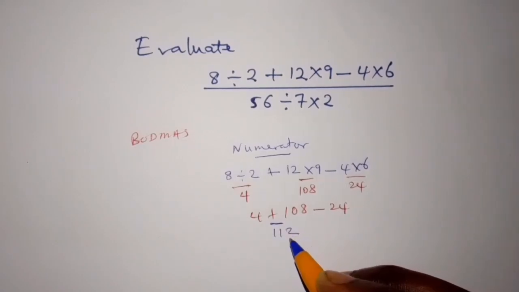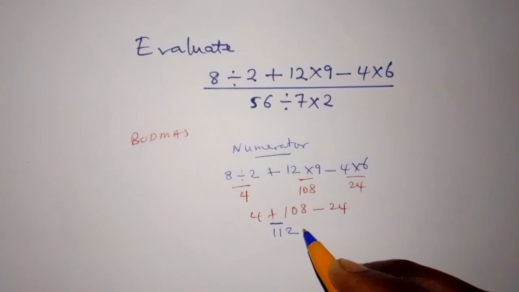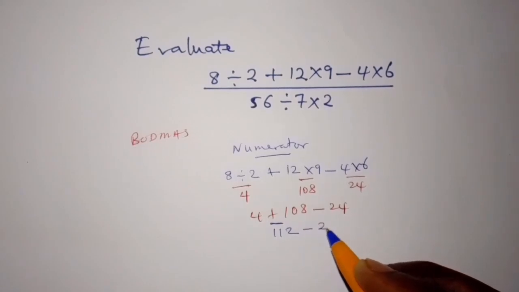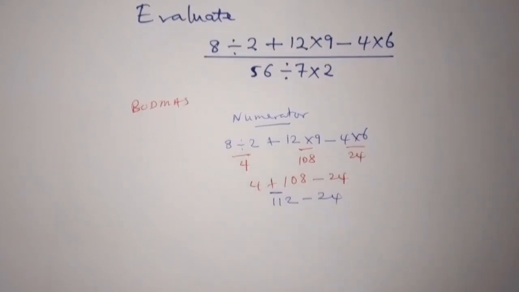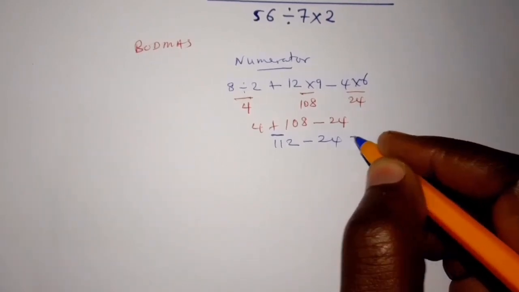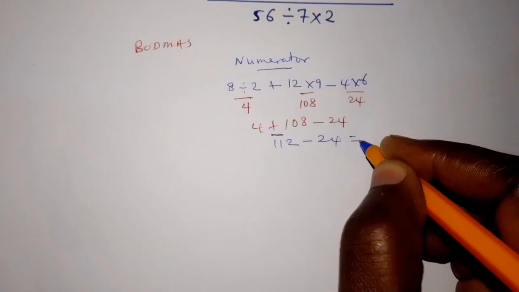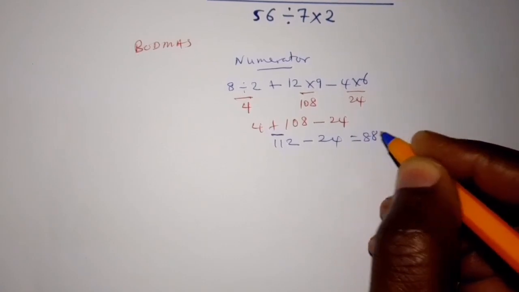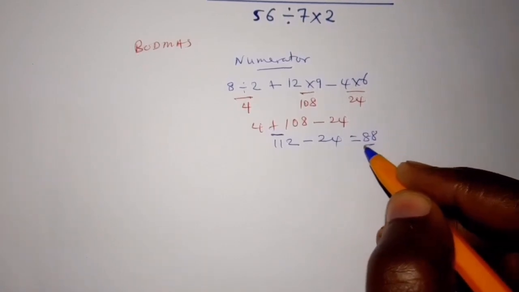So we remain with 112 minus 24, which is giving us 88. So in the numerator we have 88.